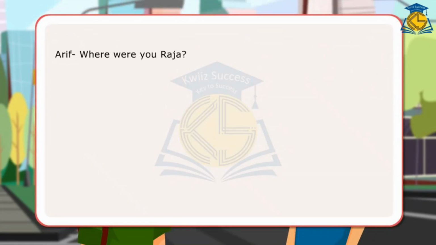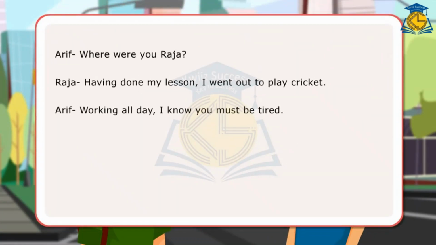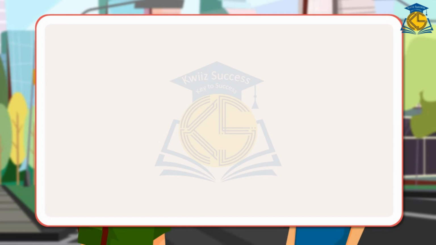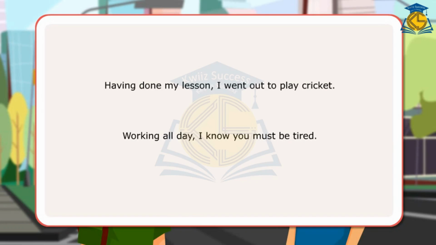In the conversation, we come across participles which fully play the role of an adverb. Here are the sentences. Having done my lesson, I went out to play cricket. Working all day, I know you must be tired. In the first sentence, a perfect participle is used to denote that one action was before another action.